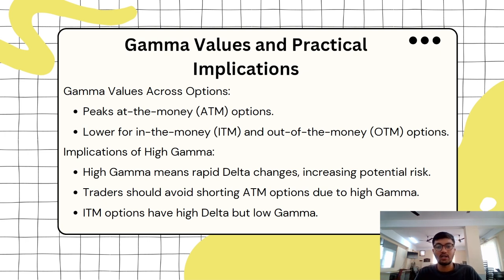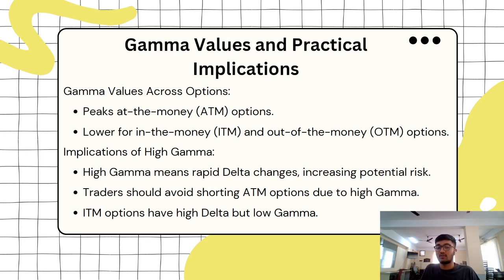So high gamma means rapid delta changes, increasing potential risk. The risk associated with the at the money contract is kind of high because the price of the security and the premiums are changing very rapidly. If the price of the underlying moves in your direction, you make money.